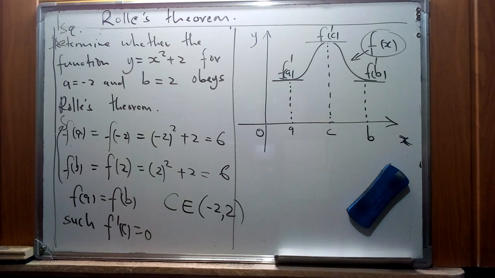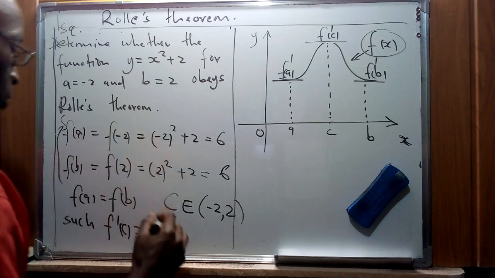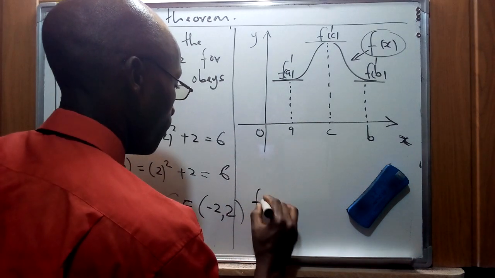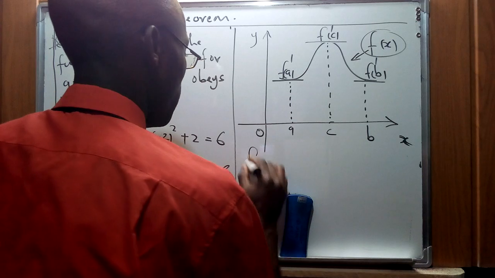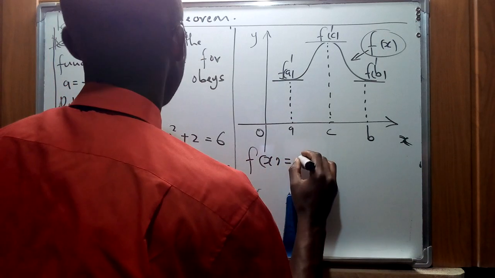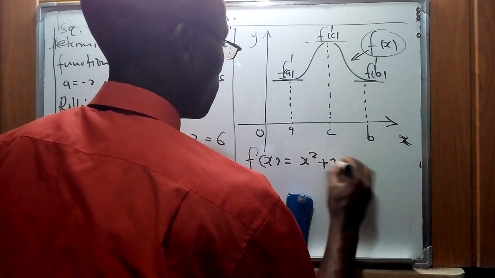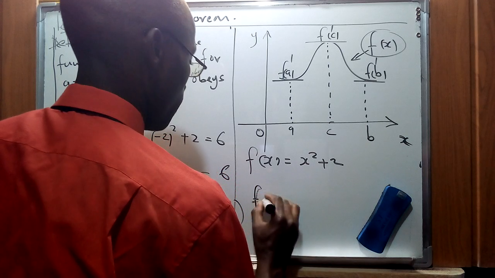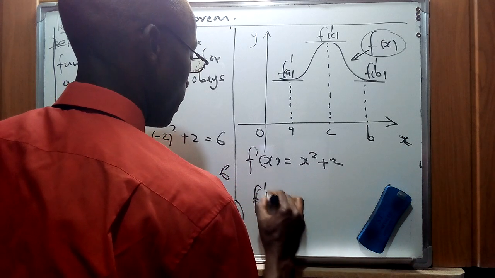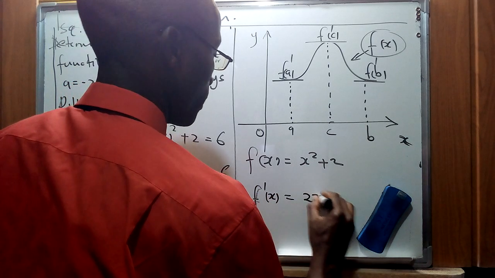Now if we look at this specific equation, f of x is given as x squared plus 2, whereby f prime of x is equivalent to 2x.